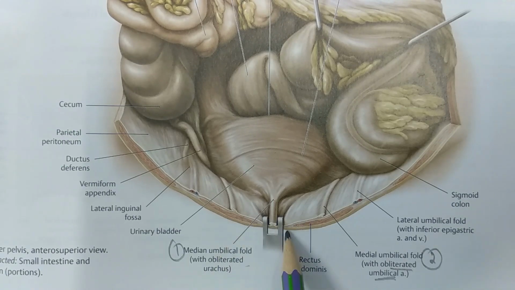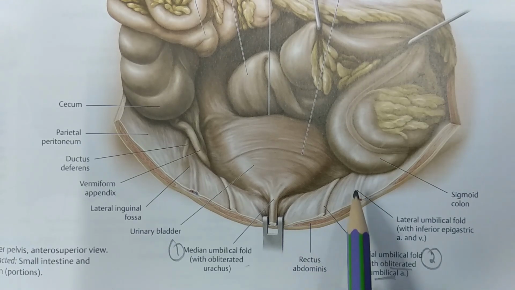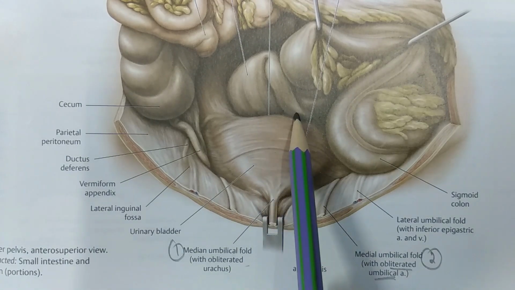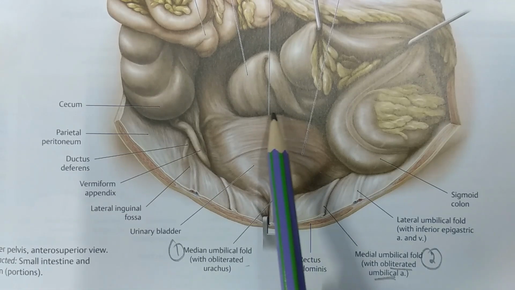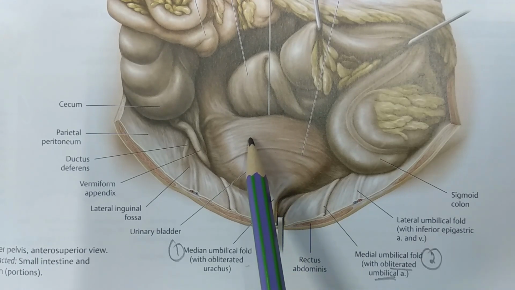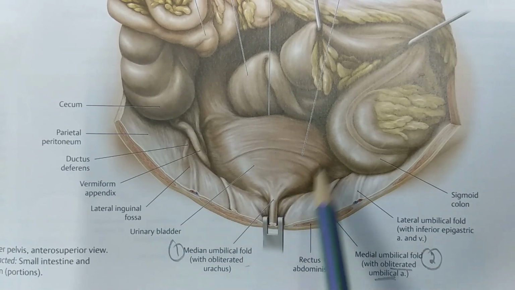Anteriorly there will be the body of pubis and the pubic symphysis, fascia of levator ani and obturator internus muscle, and the retropubic fat. These are the structures forming the bladder bed anteriorly, and posteriorly the ampulla of rectum and the anterior wall of the vagina in cases of female, base of prostate and the superior fascia of urogenital diaphragm is supporting this urinary bladder from below.